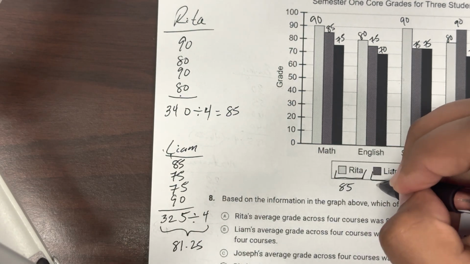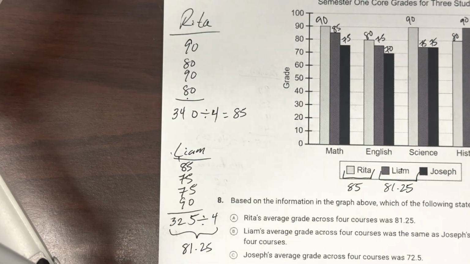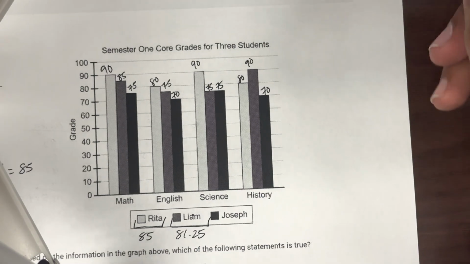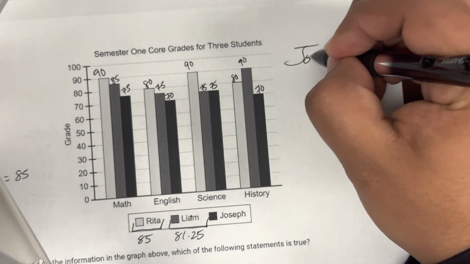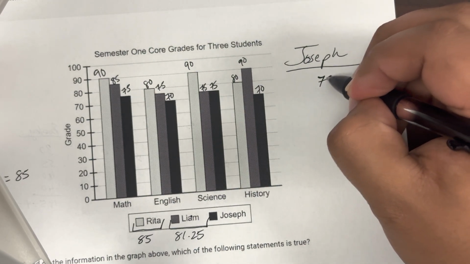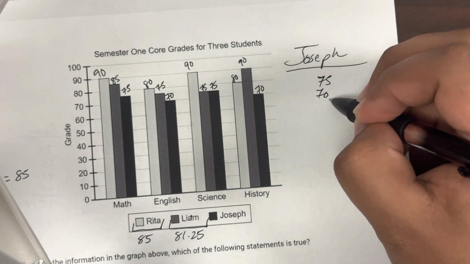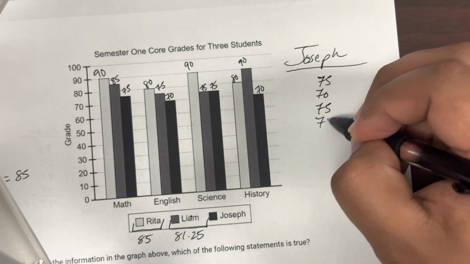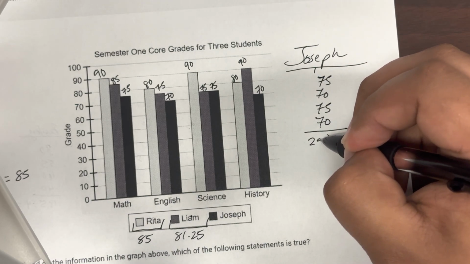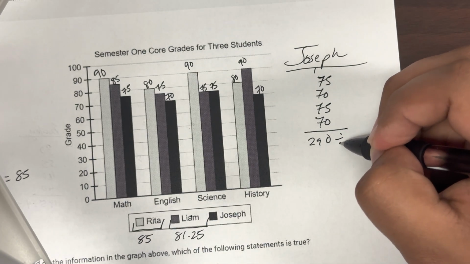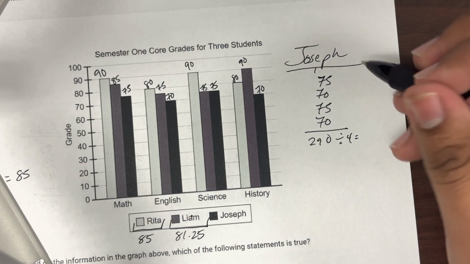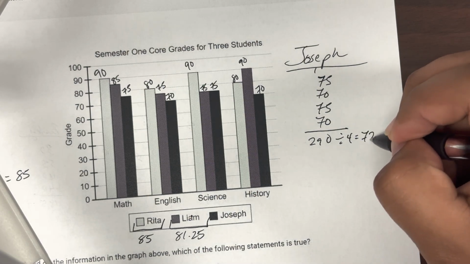Right there, right here. And then I'm going to do Joseph on the right-hand side. Again, if you're getting ahead of me, that is perfectly fine. Joseph is 75, 70, 75, 70, 10, 28, 9, divided by 4. That's going to give me 72.5.